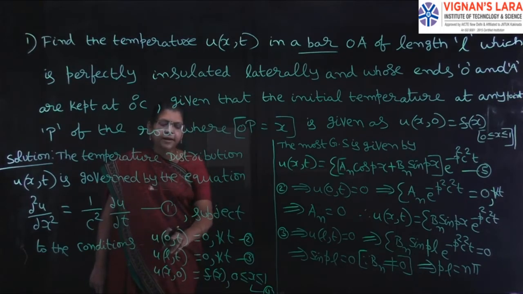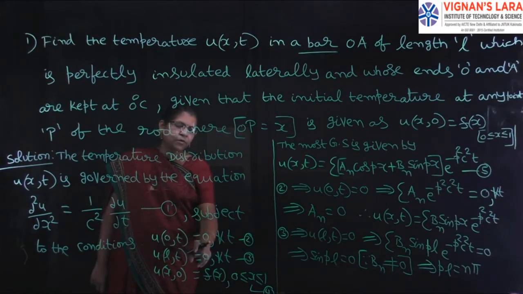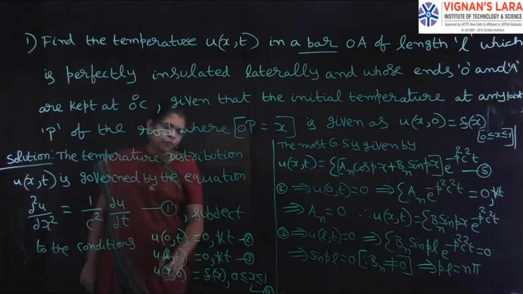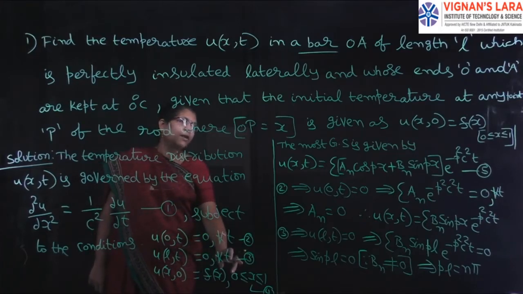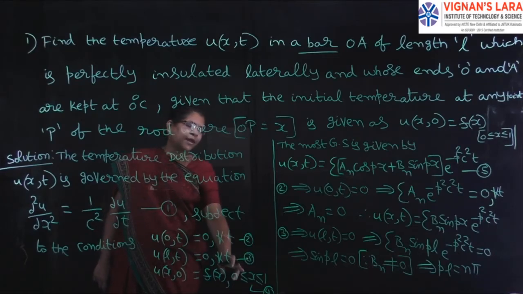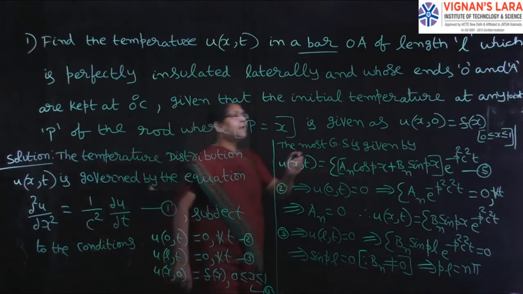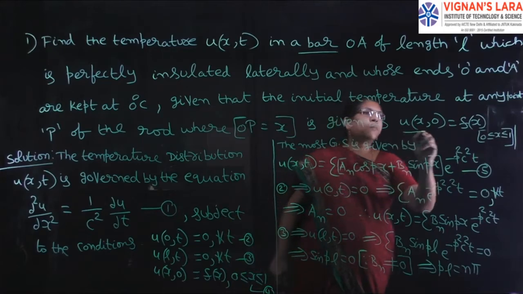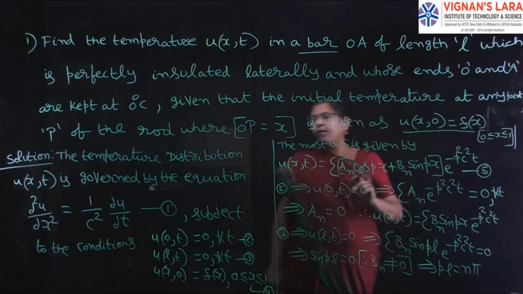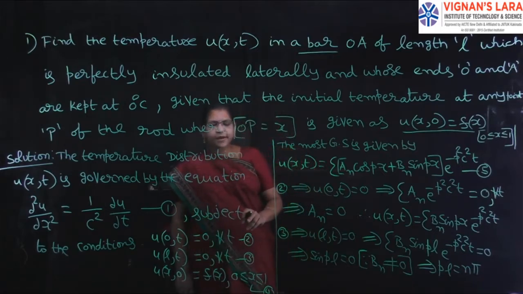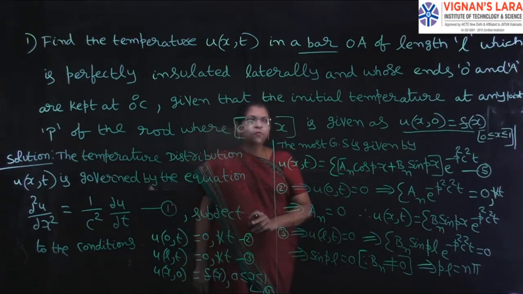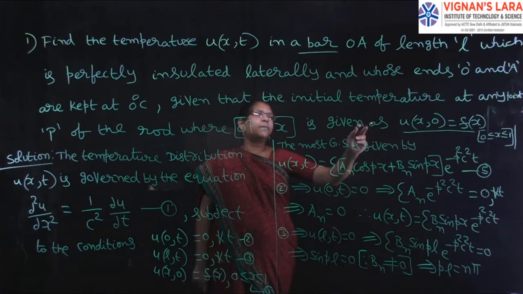What are the three conditions? u(0, t) = 0 for all t. u(L, t) = 0 for all t. u(x, 0) = f(x), where 0 ≤ x ≤ 1. This condition is given in the problem itself.